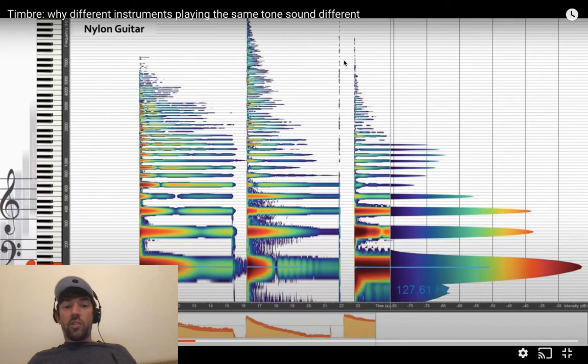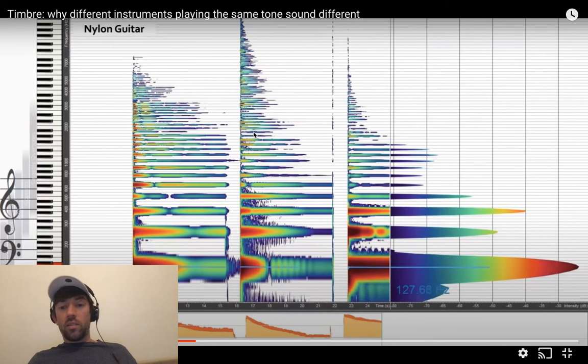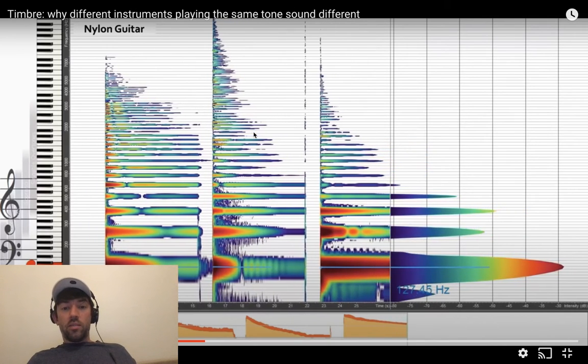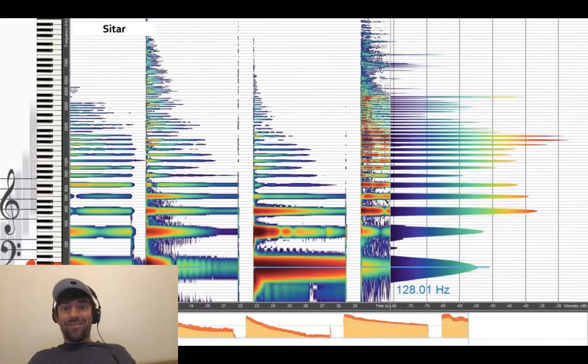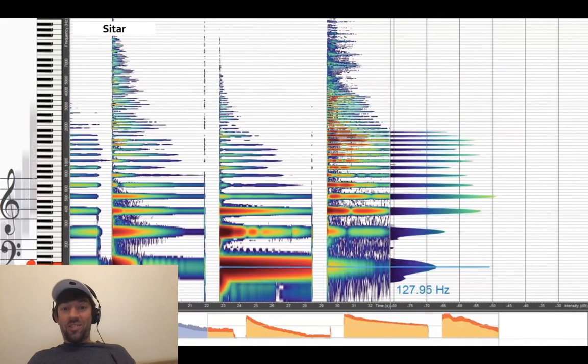Now that nylon string guitar has a very warm sound. It's not very harsh. It's kind of soothing. And that's because it doesn't have very many high frequencies. Even compared to the piano, it has fewer high frequencies. Ooh, sitar is cool.